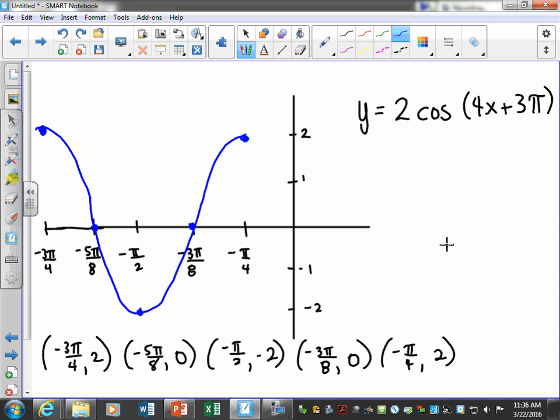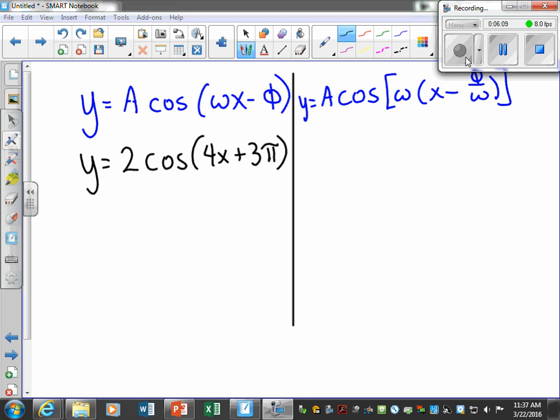Okay, so also let's just practice using the transformation just like we did in the last one, and see how we can do with that. Remember, I'll write it on the next page. So if we just see this again, this is our general formula. This is the one we just worked with and sketched out. This is our transformation formula, so let's convert this equation in the black to this format.